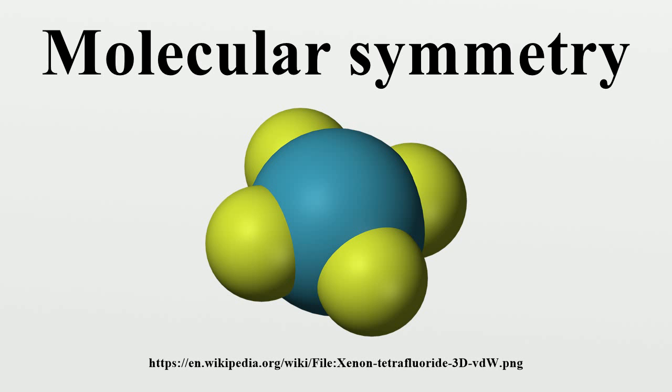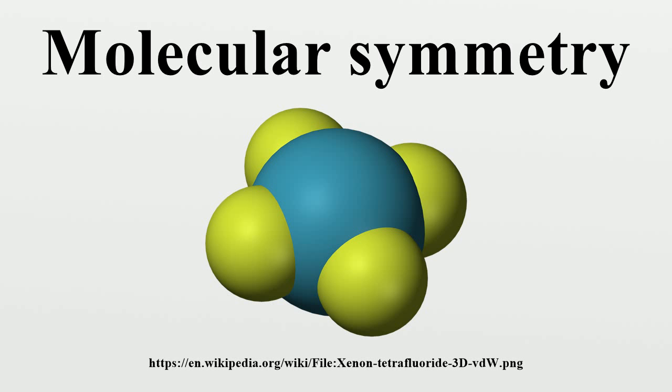A symmetry element can have more than one symmetry operation associated with it. For example, the C4 axis of the square xenon tetrafluoride molecule is associated with 2 C4 rotations in opposite directions and a C2 rotation.